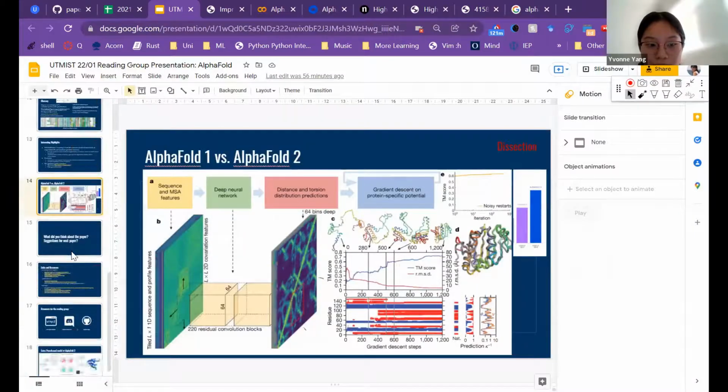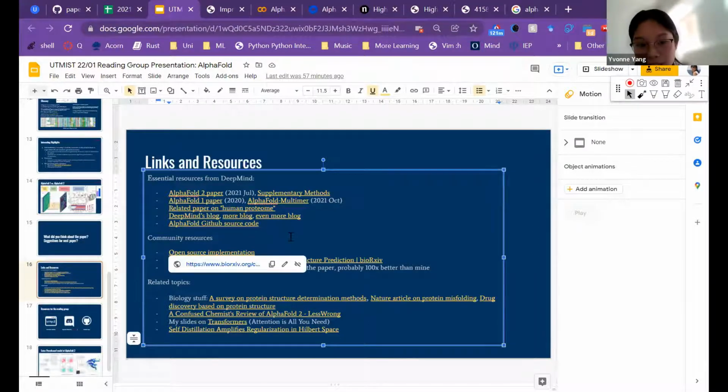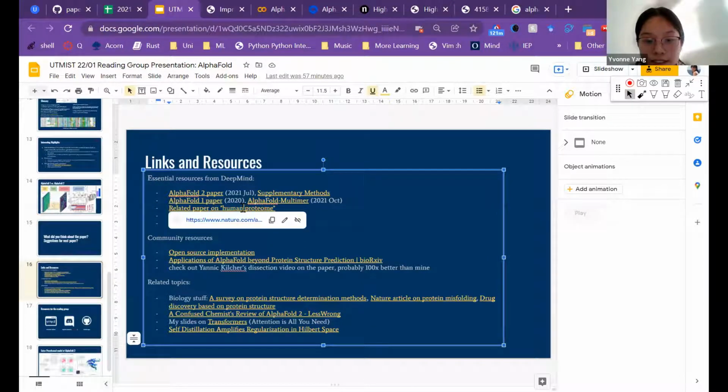There are some really great resources here that I really encourage you to go to. For example, they've released their open source implementation. You can play around with it. They have, right, this is the project to translate every single genome in the human genome database.